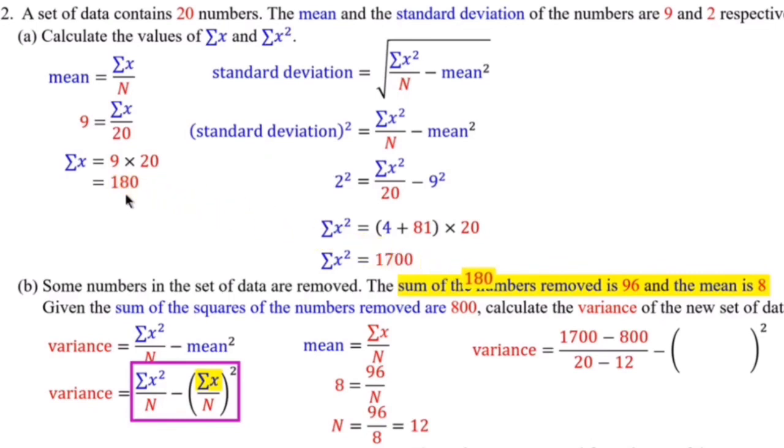Divide by how many data? Just now you have 20, then you remove 12. So you still have 20 minus 12 data. Then you simplify your answer. Your variance is 2.25.